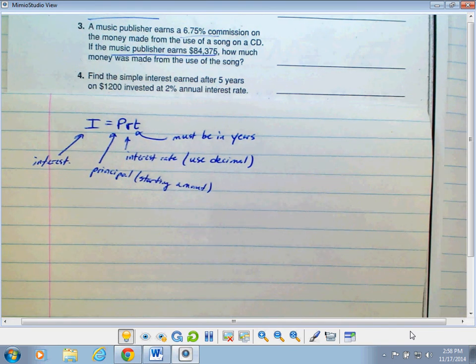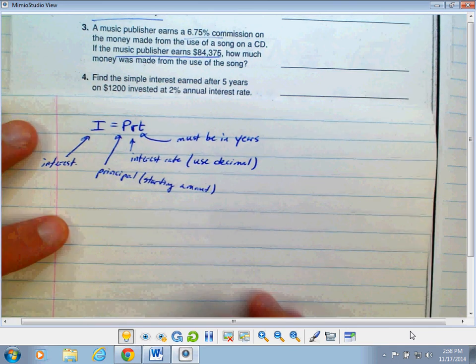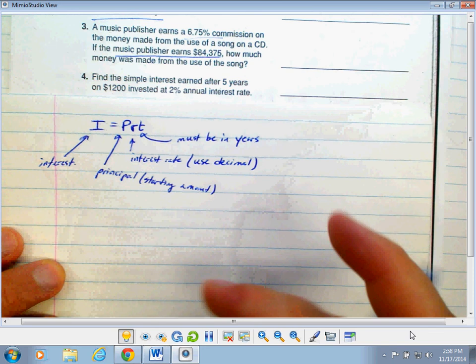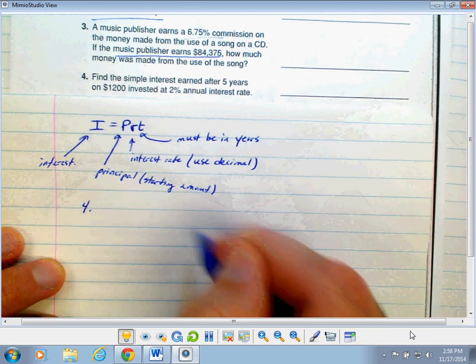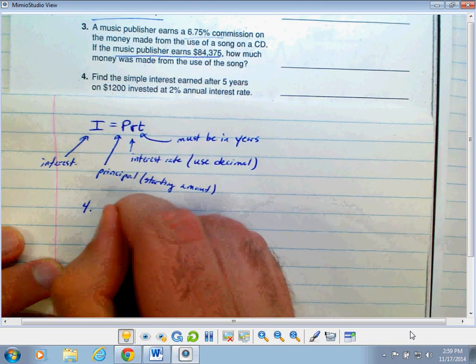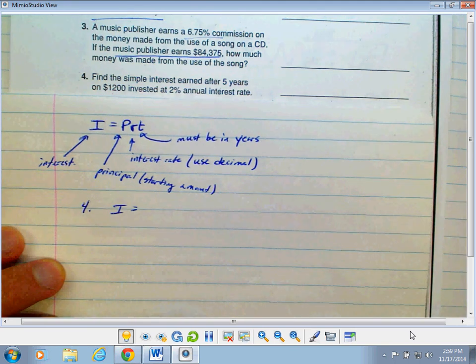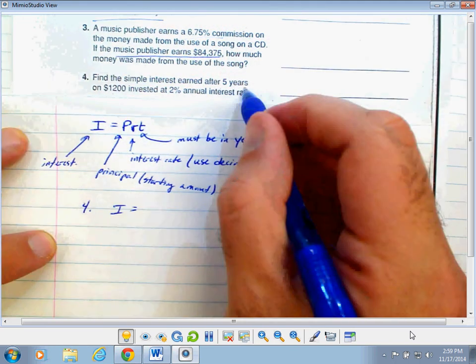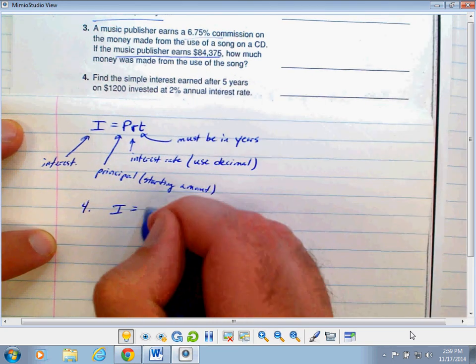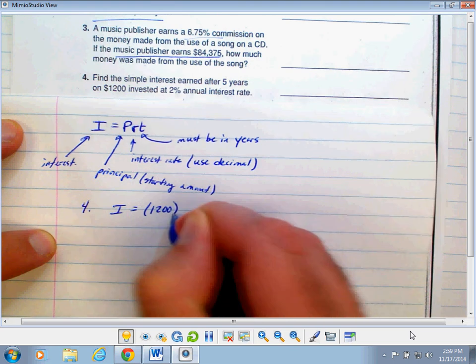So when you read through these problems, all you really need to know is which of the 3 variables you are given, and which one you are trying to find. For number 4, it says simple interest earned. Find the simple interest. I'm actually trying to find I. And it says 5 years, 1,200 invested, 2% interest. So P is 1,200. That's the starting amount.